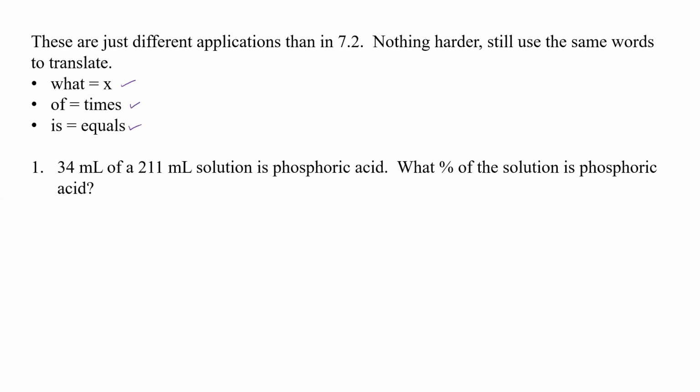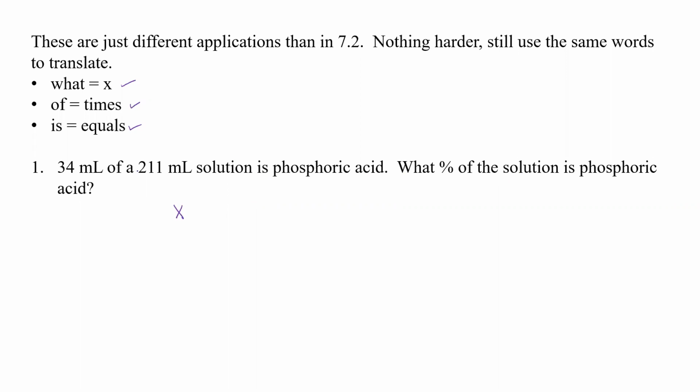So let's start. It says 34 mils of a 211 mil solution is phosphoric acid. What percent of the solution is phosphoric acid? Okay, so if we think about this, what percent of the solution is phosphoric acid? So what percent? That's going to give us x of the solution.